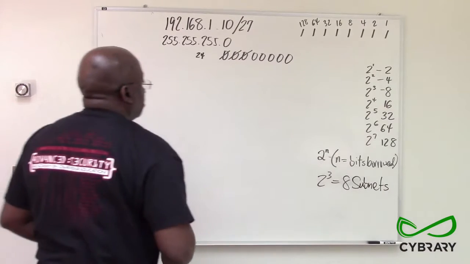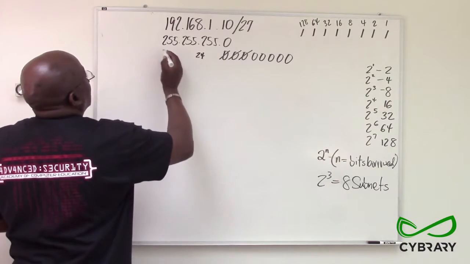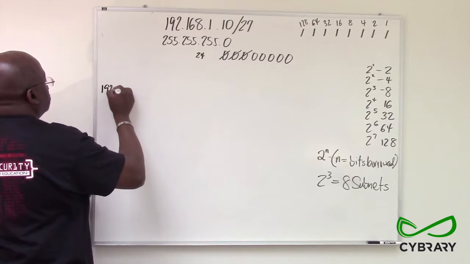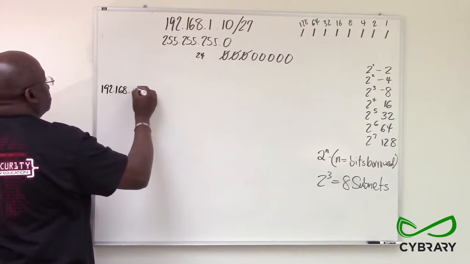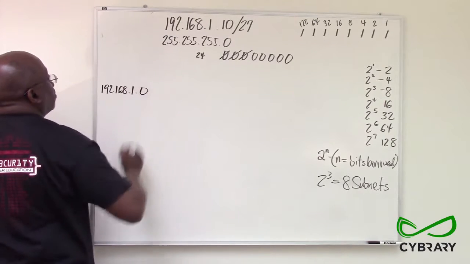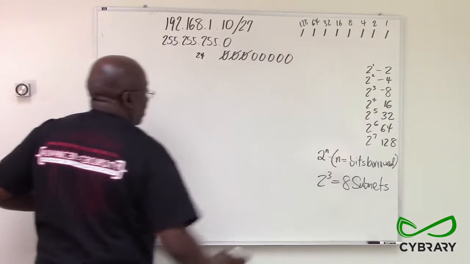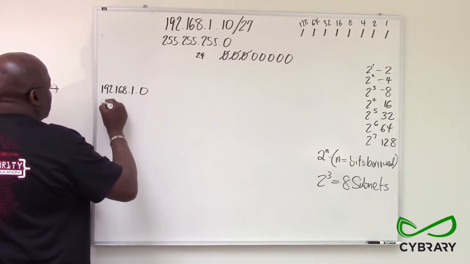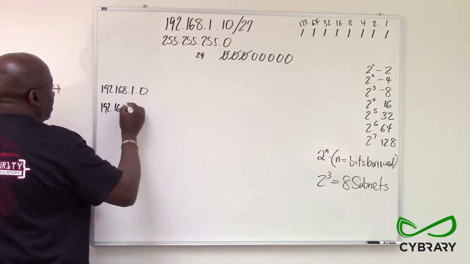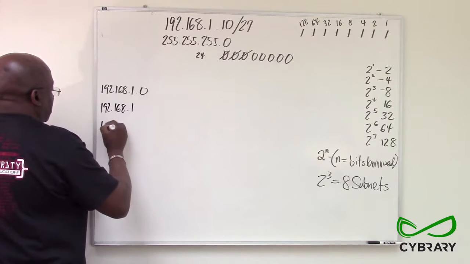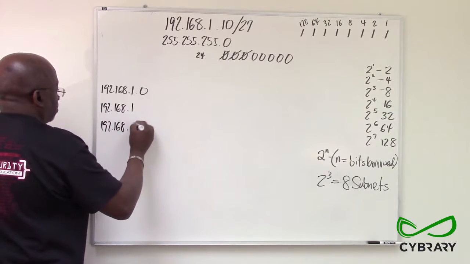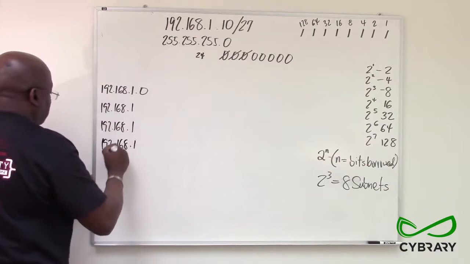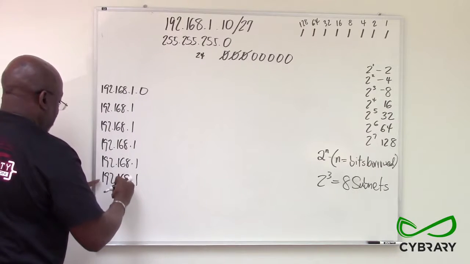So our network ID given this will be 192.168.1.0. This tells us we're going to have 8 subnets, so that means we're going to add this 8 times. We say 192.168.1, and so on. We need 2 more.